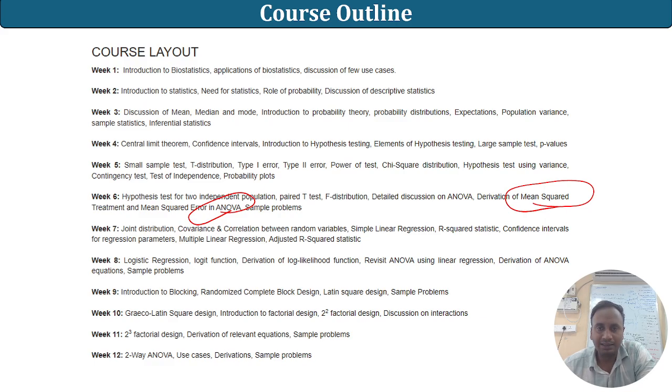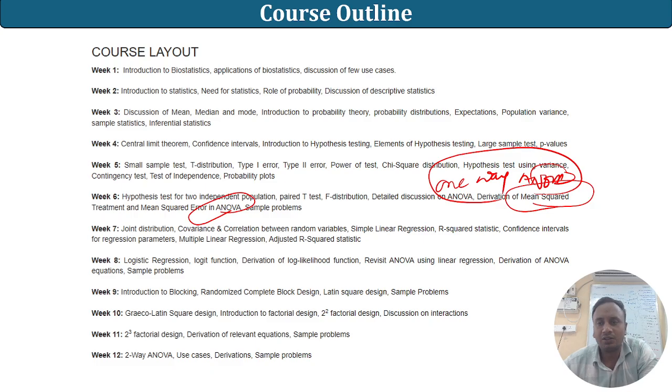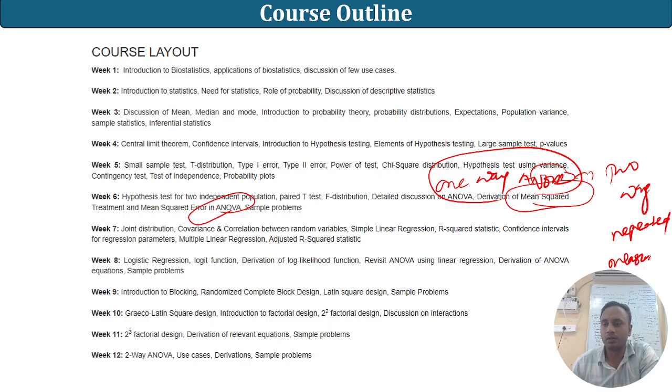So this is the one-way ANOVA we have discussed till now. After that, we can go to two-way ANOVA or repeated measures ANOVA. But before jumping into two-way ANOVA or others, we have to discuss more about linear regression.